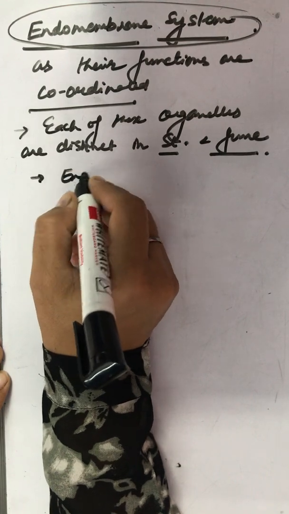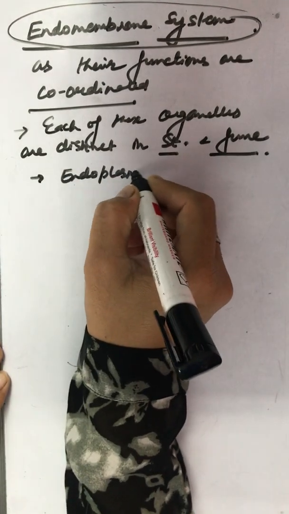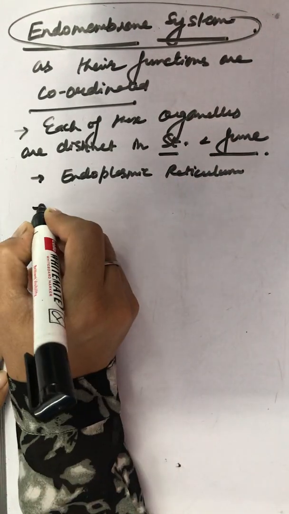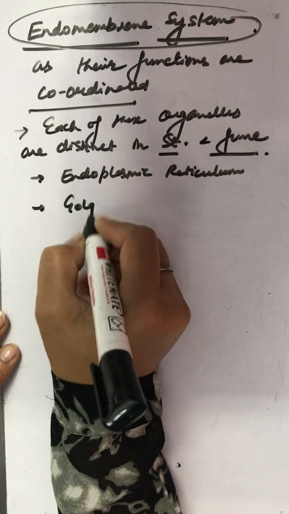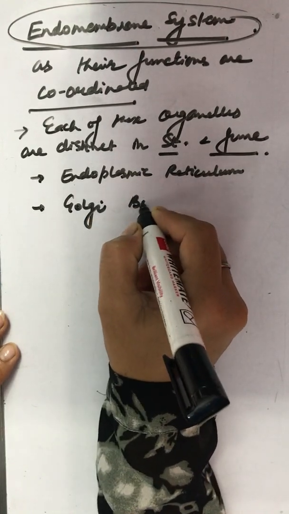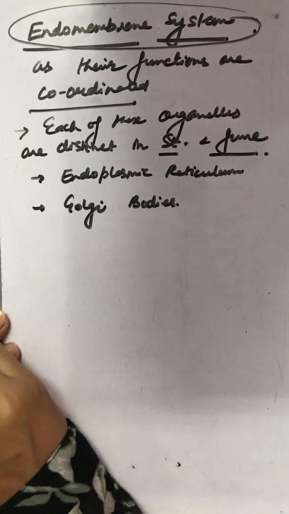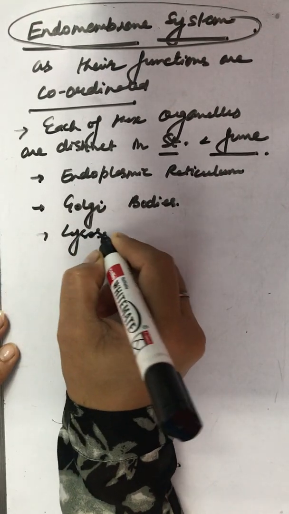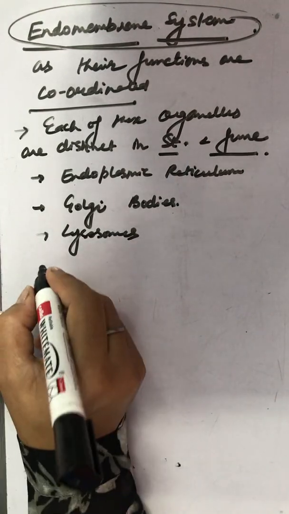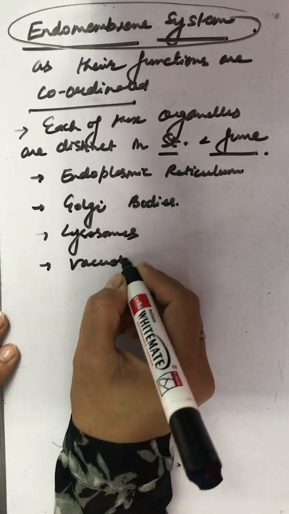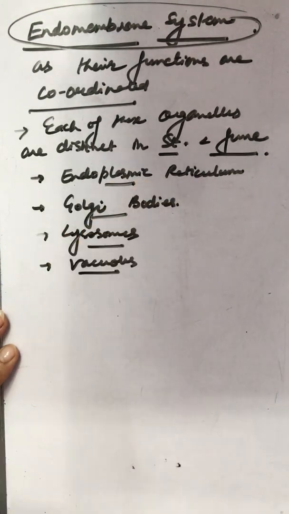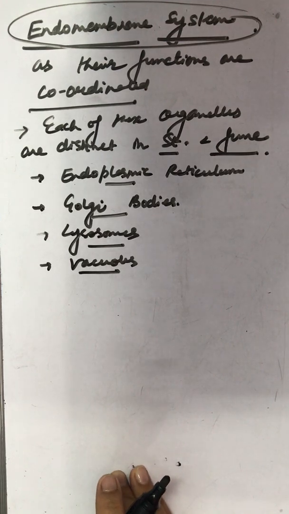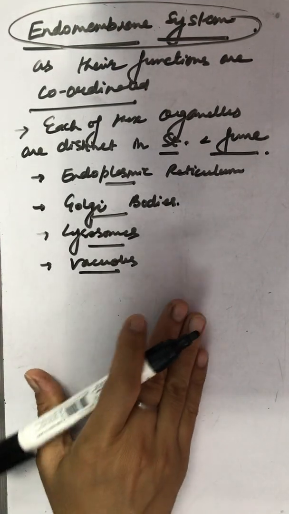First is endoplasmic reticulum. Second is Golgi bodies. Third one is lysosomes. And the fourth one is vacuoles. We know all four. What are these? Where are these located? But how are they coordinated in terms of function? Let's take up one by one.